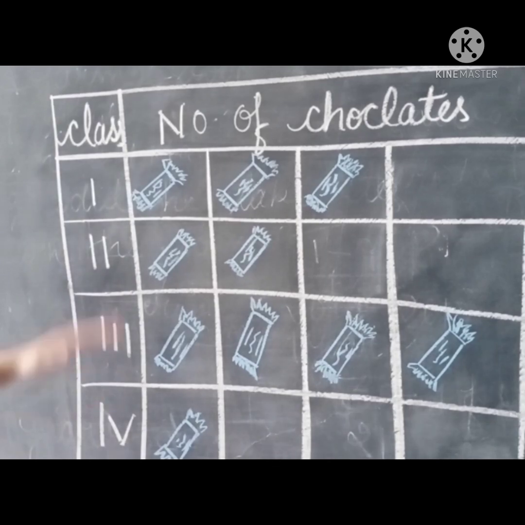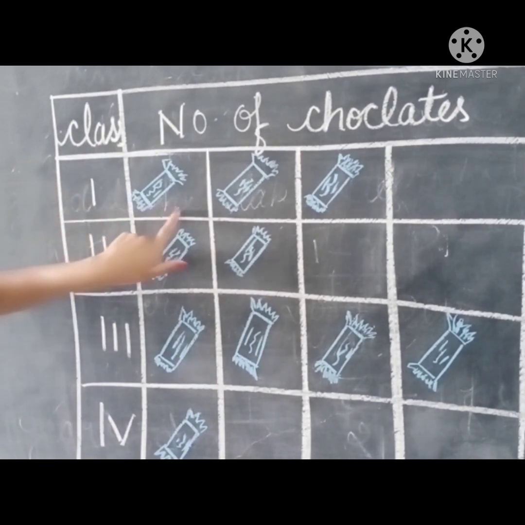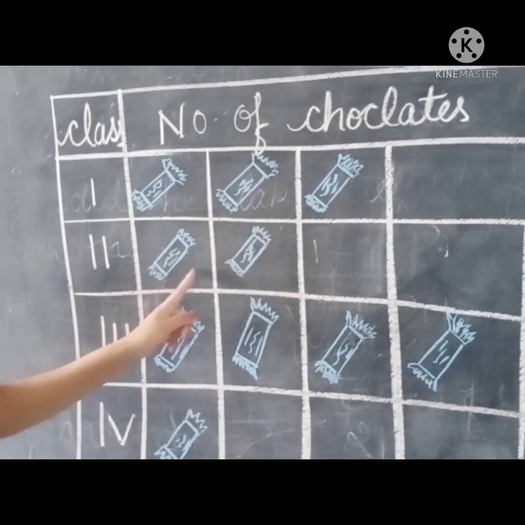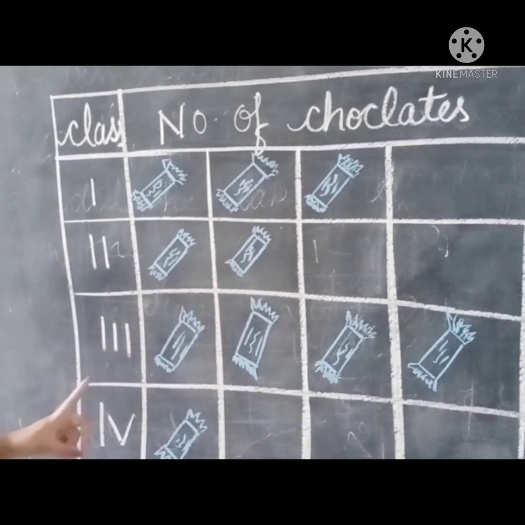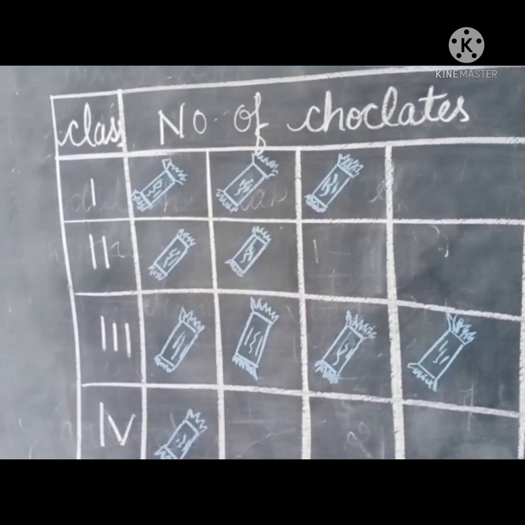So these chocolates were distributed to the students present. In first class 3 chocolates were distributed, in second class 2 chocolates, in third class 4 chocolates, and in fourth class only 1 chocolate.